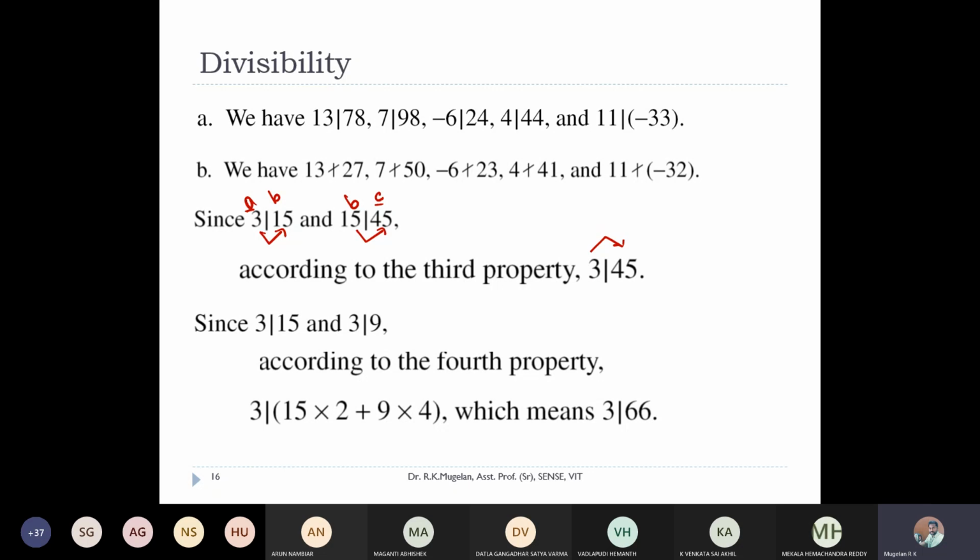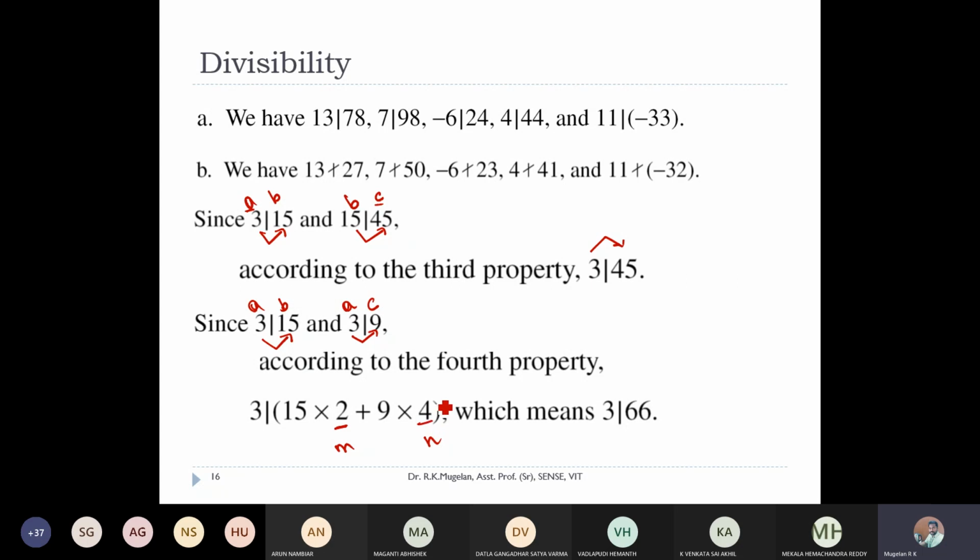Here comes the fourth property. This is a, this is b, this is again a, and this is c. So a divides b perfectly and a divides 9 perfectly. Now you can choose any values of m and n. The only condition is that m and n are integer values.